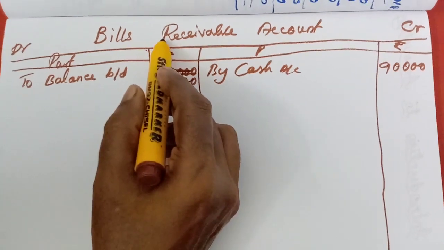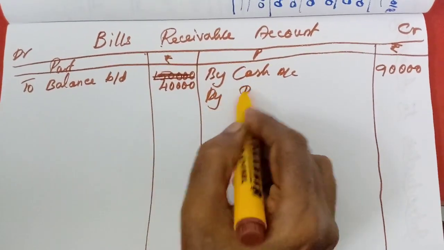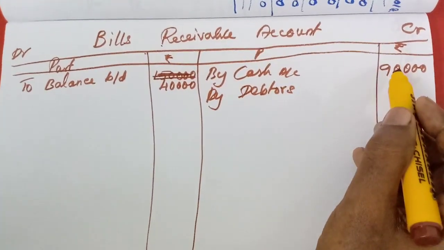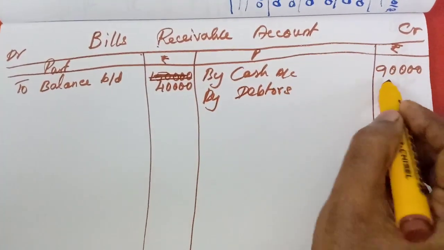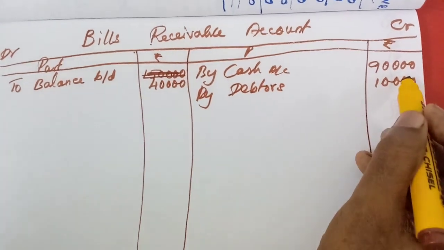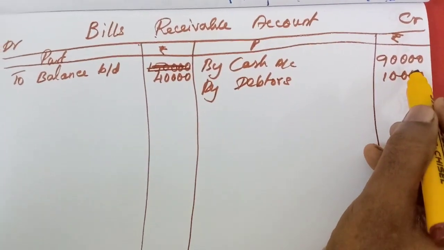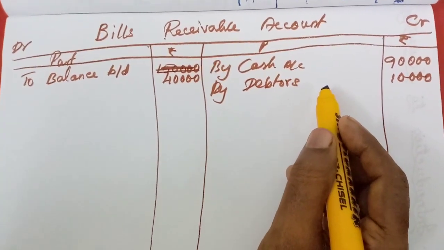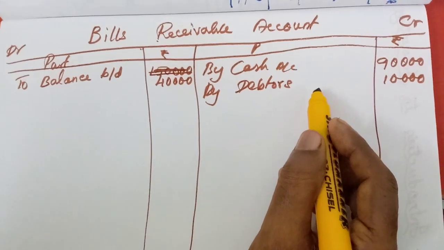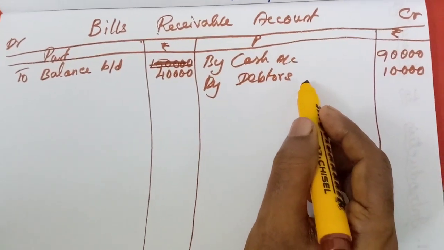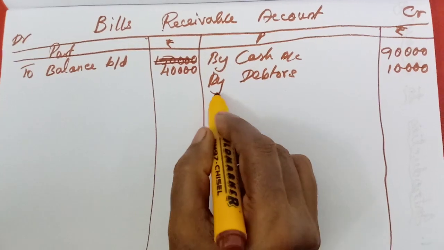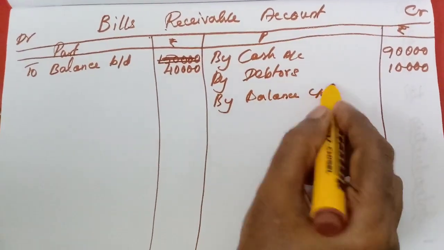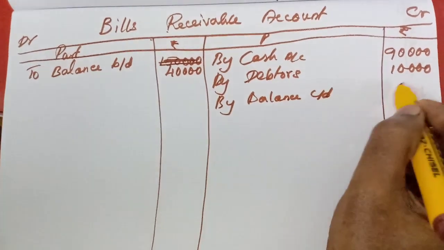So credit bills receivable, by debtors 10,000. Then you have to see all the items. Sales return will not come here. Bills receivable on 31st March, that is the closing balance. By balance carried down 30,000.